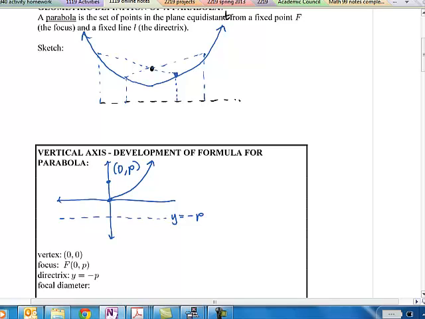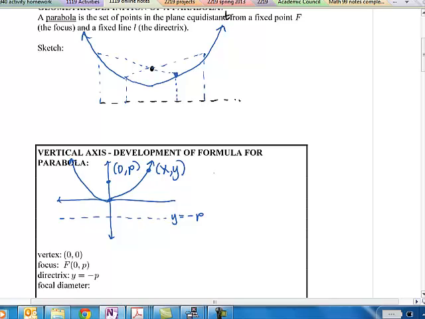The shape of the graph is going to be something like this, and we want to take any old point on here, x, y, and we want the distance from x, y to the focus to be the same as the distance from x, y to that line, y equals negative p.